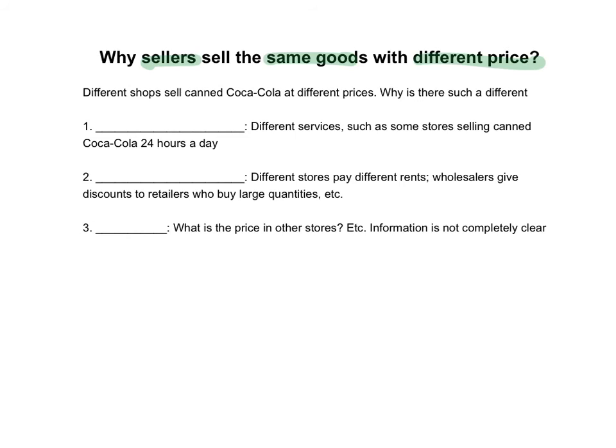Different stores sell the same Coca-Cola because they provide different service, that is, heterogeneous goods. 7-Eleven provides 24-hour service, so you cannot buy it at night in Wellcome or a packaged goods shop. And second, they suffer different costs. They are under imperfect competition, so they have price competition.